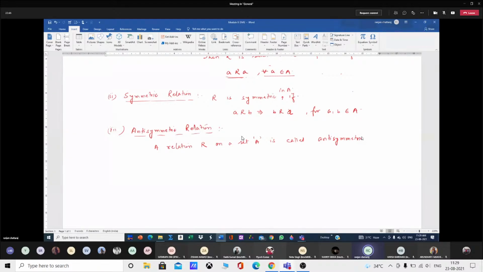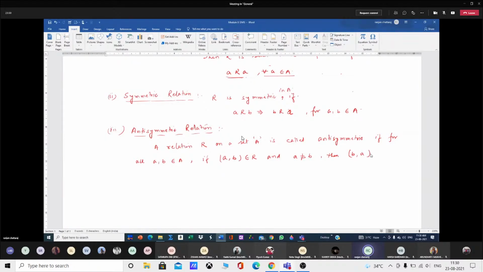So for all a, b belonging to A, suppose I'm writing like this, if (a, b) belongs to R and A is not equal to B, that is not reflexive, then (b, a) does not belong to R. So it is one definition.